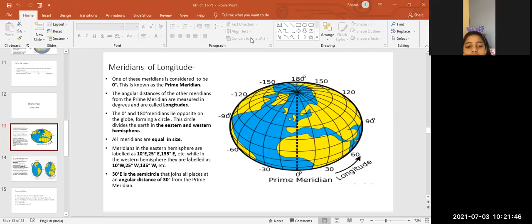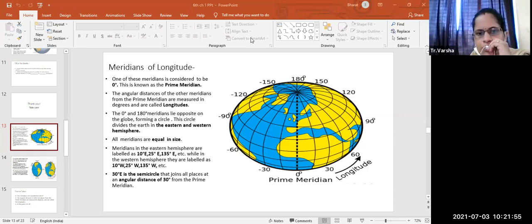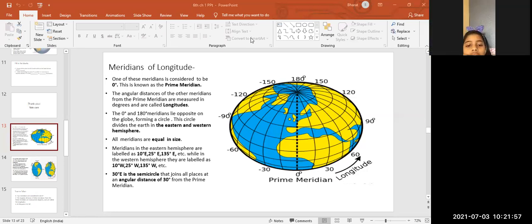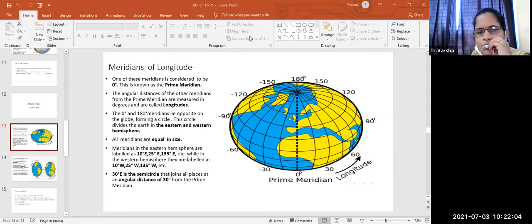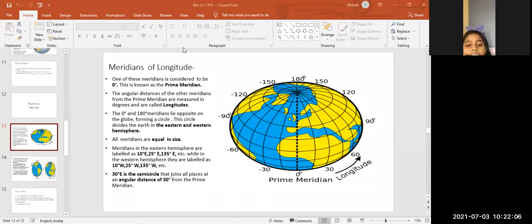The 0 degree and 180 degree meridians lie opposite on the globe, forming a circle.